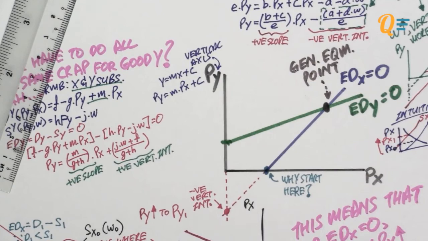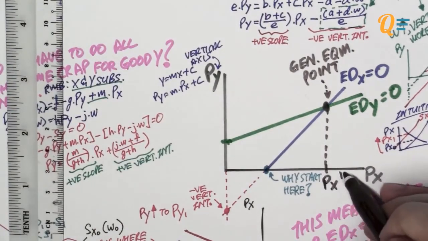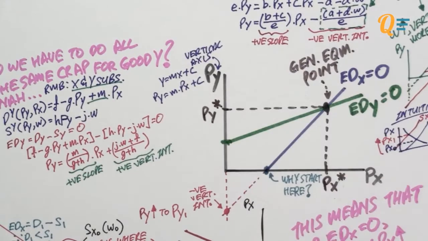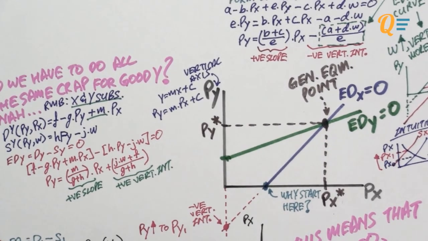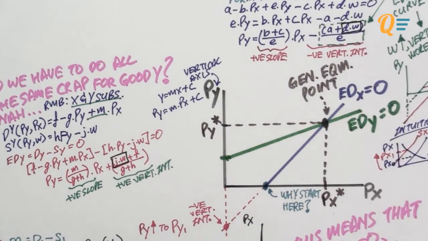This point tells me that when the price of X equals PX star and the price of Y equals PY star, we have general equilibrium, which means we have partial equilibrium in the market for X and the market for Y. So the market forces will always push the price of X and the price of Y towards this general equilibrium point.